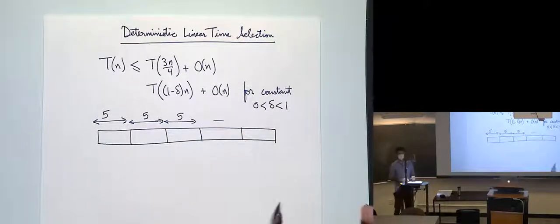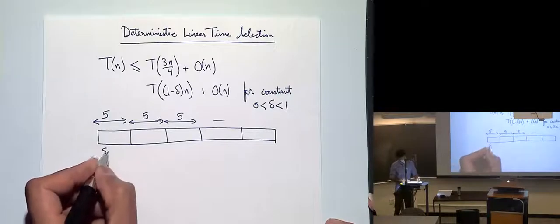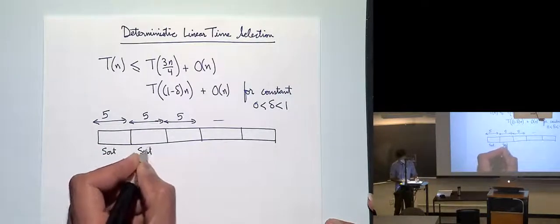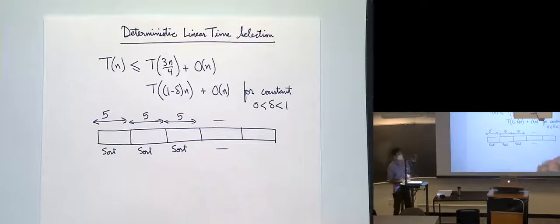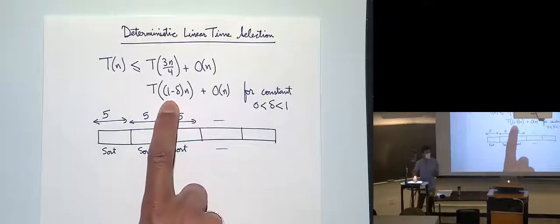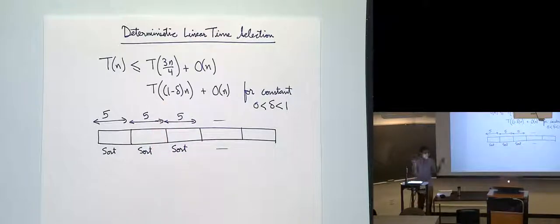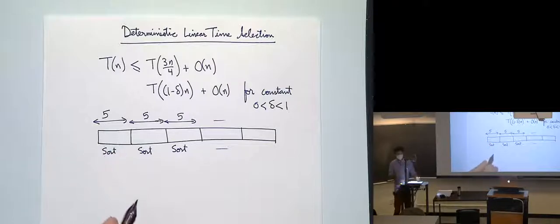Sort each of them, and so on and so forth. Remember, if you could find the median of the array, then of course you'd be done, as in you could then partition the right way. As long as you can find an element that has a reasonable rank, you could partition. So you're trying to find the right element to partition with, except you want to do this in linear time.